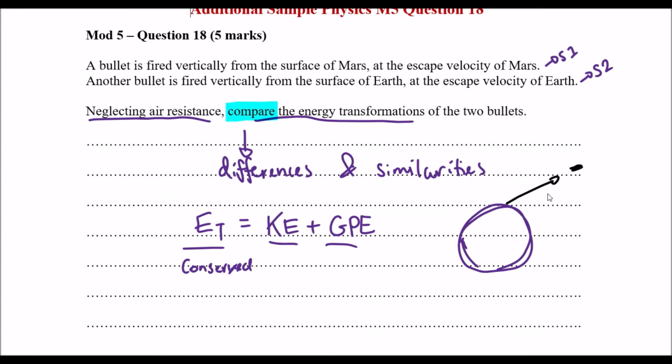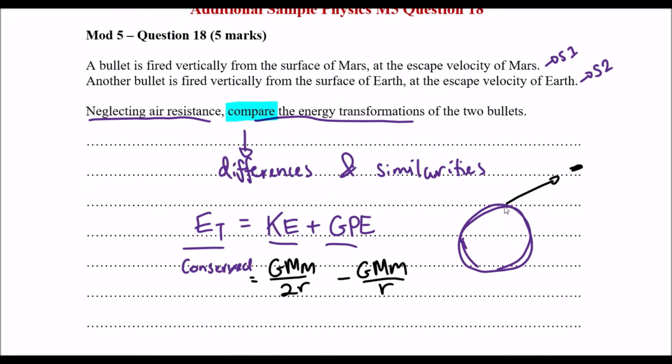Okay, so that's what we have. Now we have two formulas to describe kinetic energy and gravitational potential energy of this bullet. The equation for gravitational potential is this one here, and the formula for kinetic energy is this one that we have here.